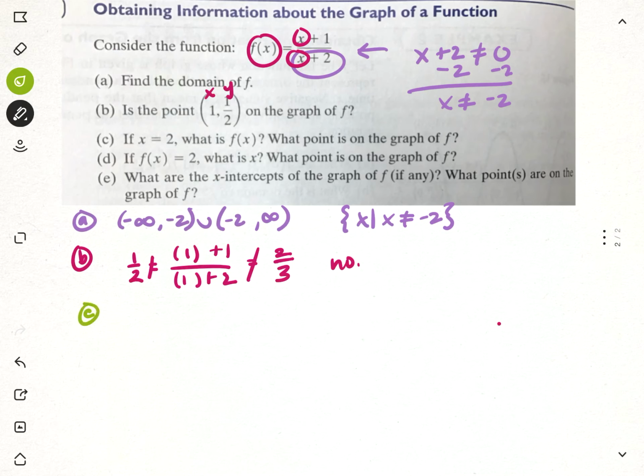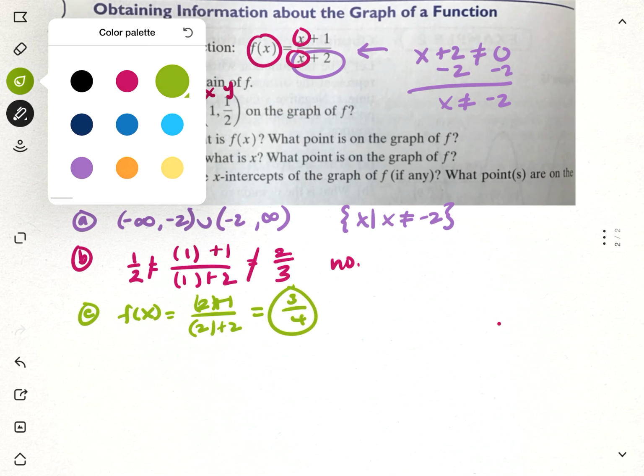Okay, part C. If x equals 2, what is f of x? So that's just basically asking us to substitute 2 for x. Tell us what our y is. So f of x equals 2 plus 1 over 2 plus 2, which is 3/4.